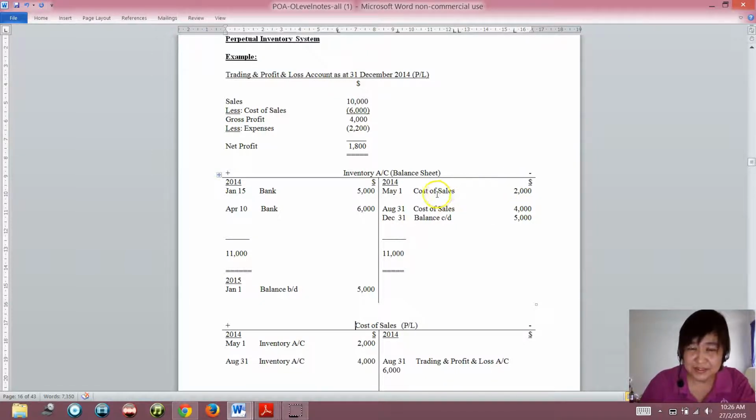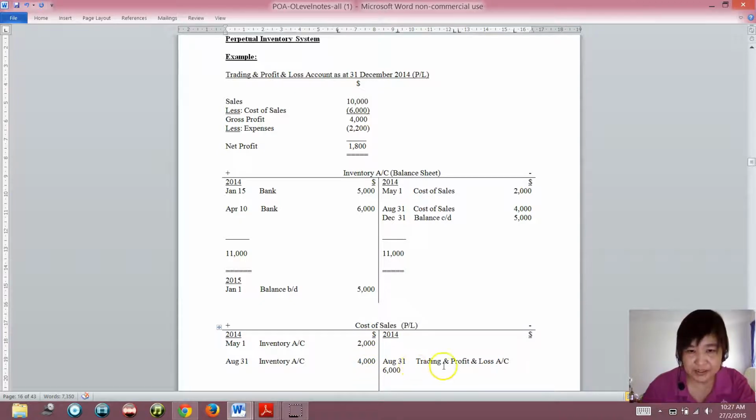So this 2,000 stock that is sold, the value of this stock will go out from the stock account and be transferred to the cost of sales account. Similarly, when you sell 4,000 on August 31, it will go to the cost of sales account.